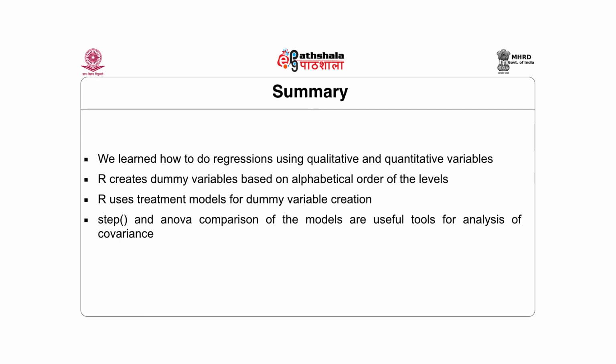We've seen how R creates dummy variables, and we have seen how we can compare the different models together. So this kind of completes this set of slides. Next, we're going to learn how to use analysis of variance, where your explanatory variables are all categorical variables. So till then, happy learning.